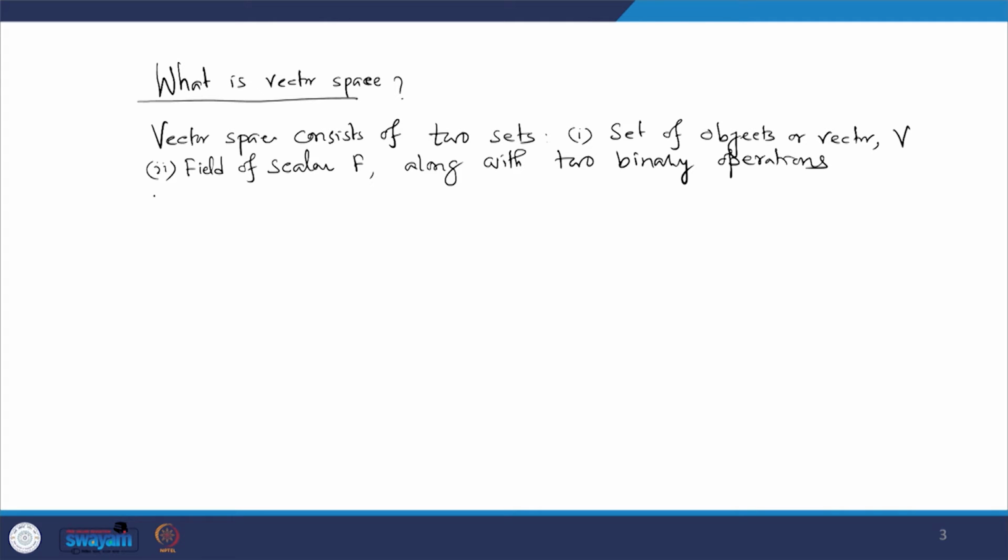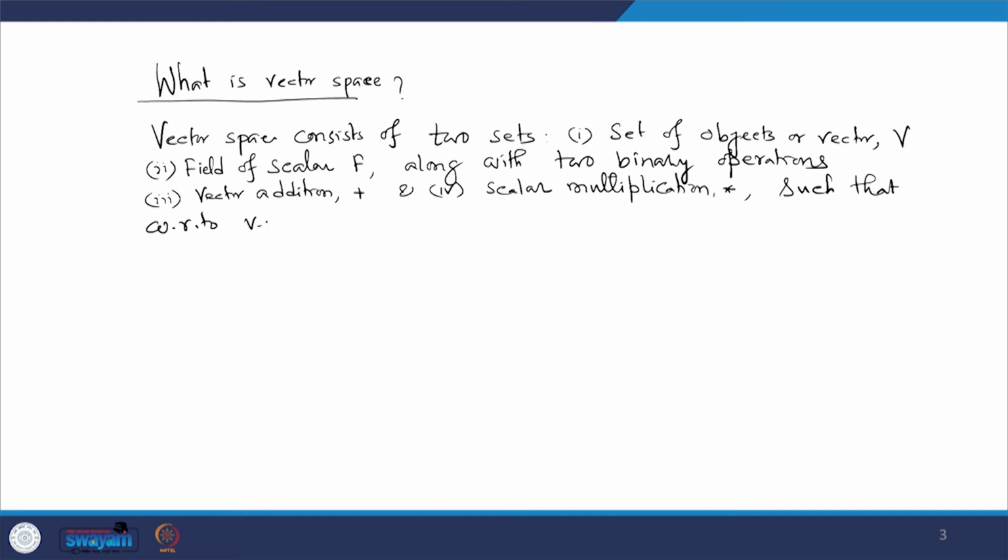One is called vector addition, which I am denoting as plus, and the other is scalar multiplication, which I am denoting as star, such that with respect to vector addition, capital V is an abelian group.